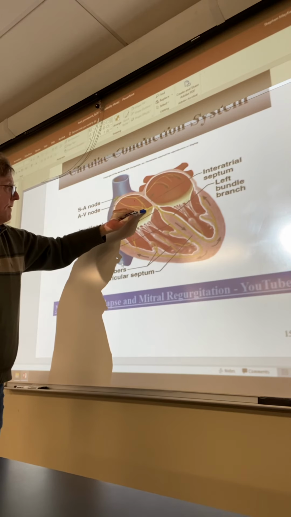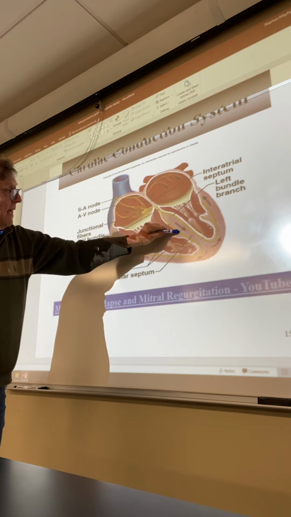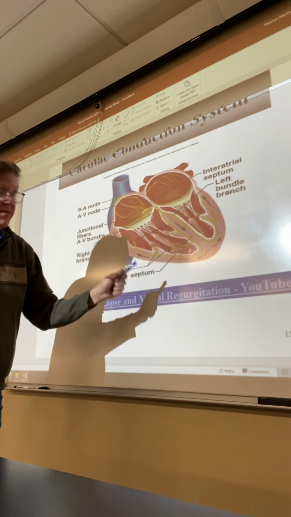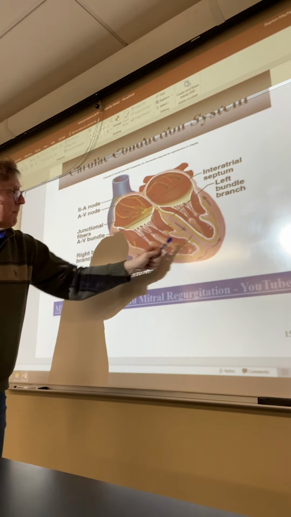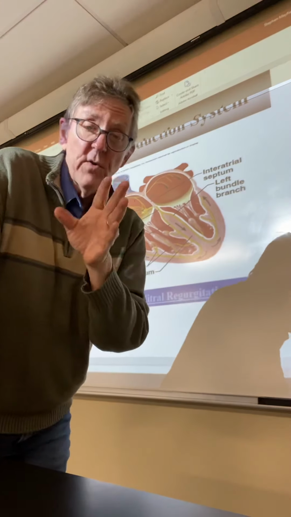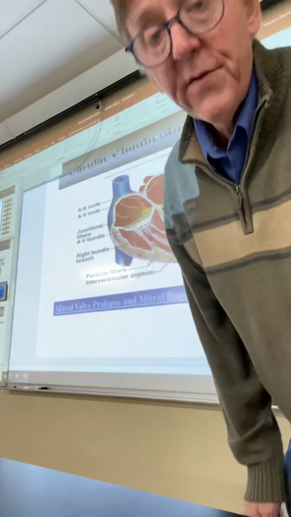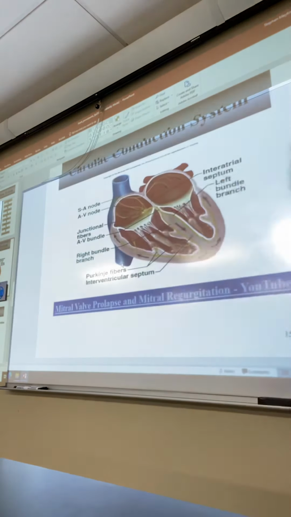And then we'd have the AV bundle and the bundle branch that go down to the apex of the heart. And then when they start coming back up, it's via Purkinje fibers. And we had said, what does that do? That is going to cause the ventricles to contract.